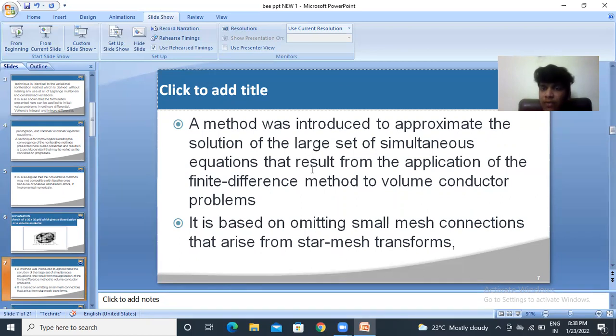It is based on omitting small mesh connections that arise from the star mesh transforms. It means the finite difference method for volume conductor problems is based upon the small mesh connections which arise from the star mesh transforms.